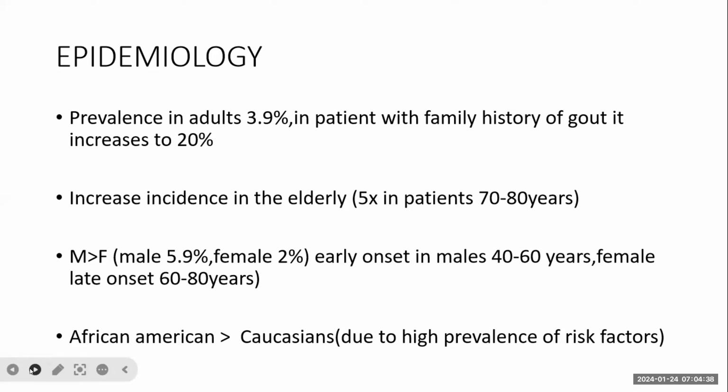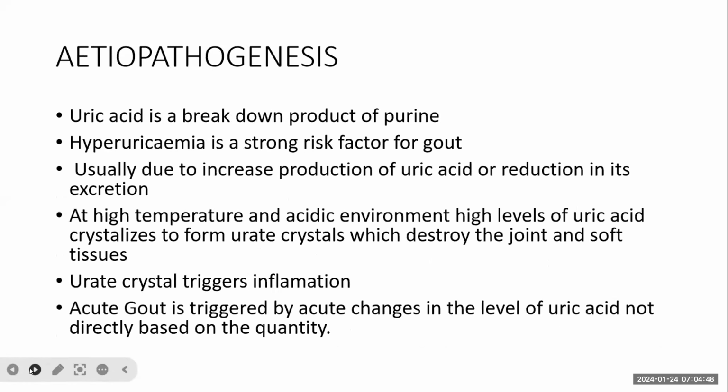And then we have it more in African Americans than in Caucasians, generally because of our high risks for hypertension and diabetes. Hence, we may have to be on those drugs, which increases our risk factors for that. So generally in gout, the main problem is monosodium urate crystals, which are actually breakdown products of purine.